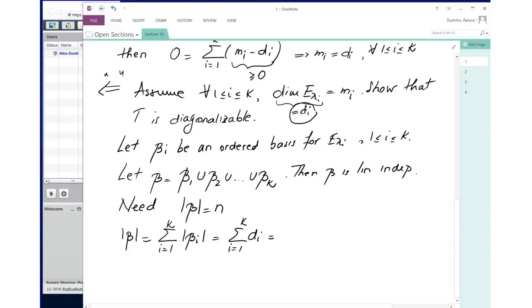By assumption, d_i, though, is m_i. And we get back now to the sum of the multiplicities, which again, from the characteristic polynomial, turns out to be n. And that's exactly what we need.